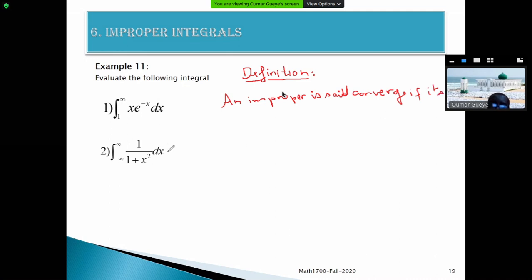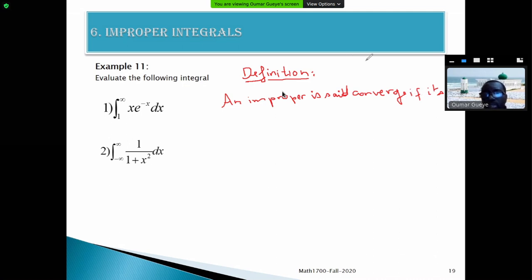Like our two examples here. Here we got 1 over e, 2 over e. Here also we got pi, and for both of them we have a real number, so we can conclude this integral is convergent.